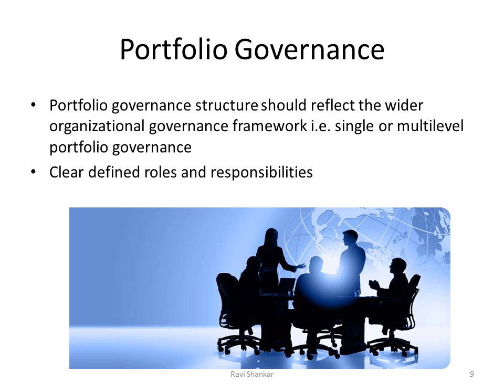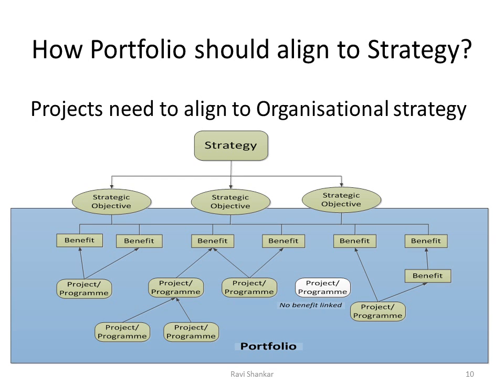For example, anything less than $5 million will be approved by a level 1 portfolio governance group. Anything more than $5 million will be approved by the corporate board. So there should be clearly defined roles and responsibilities. Every project or change initiative should be aligned to the strategy.